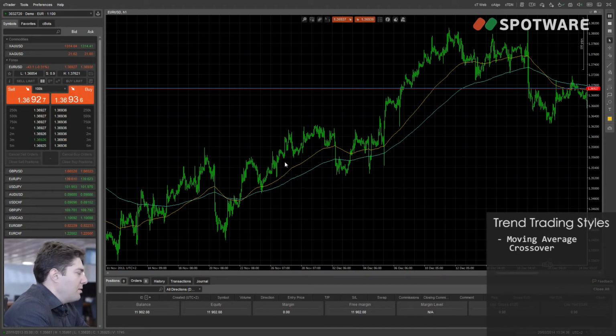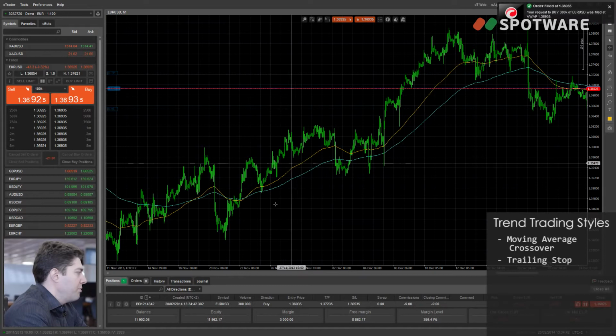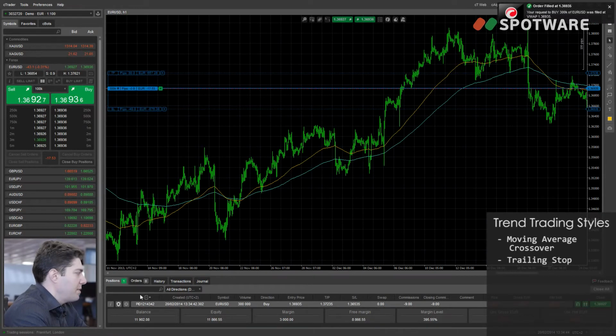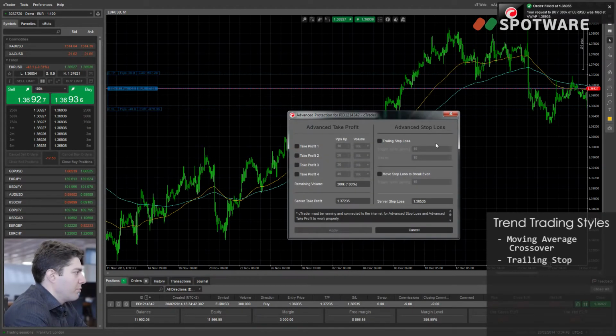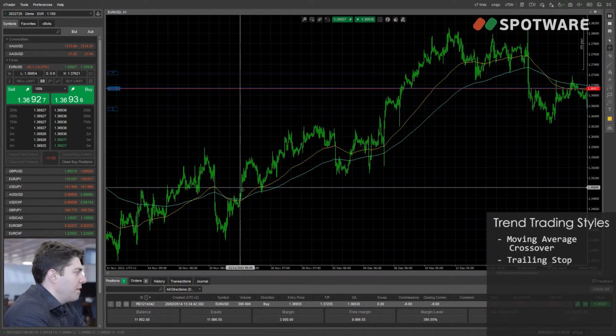The next trading style is that we can trend trade using trailing stops. In cTrader, you can find the trailing stop settings here for your position. You can set up your trailing stop. There are explanatory videos that explain how this is used. But what's going to happen in a trend if you're using a trailing stop?